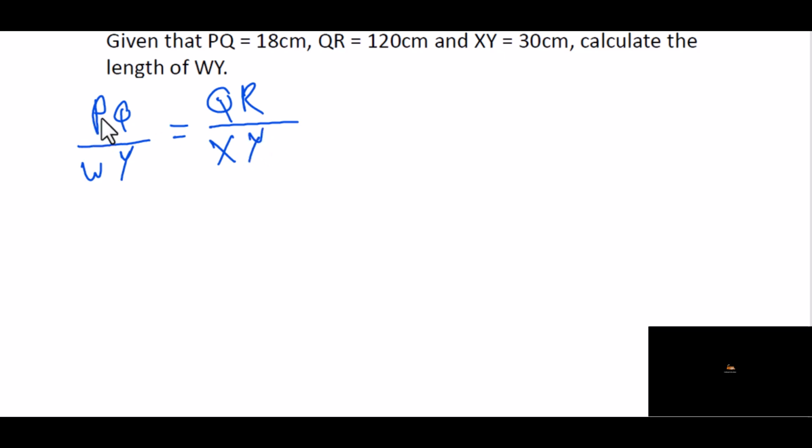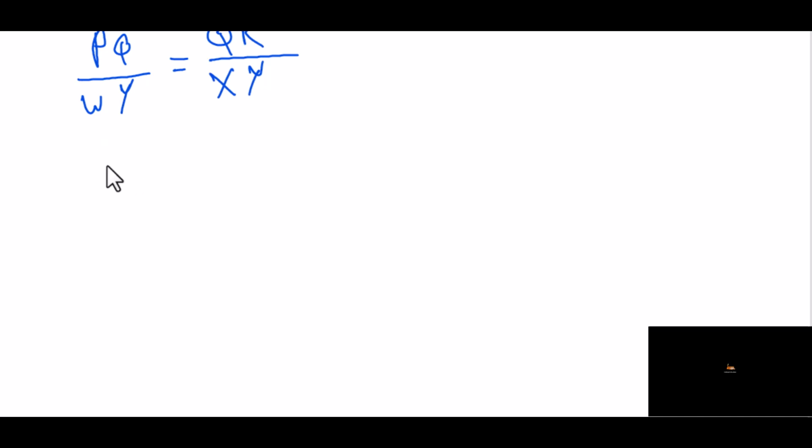So this corresponds with this, corresponds with that. So in this particular case, we're now going to substitute. So PQ is equal to 18. Then QR is equal to 20. Then XY is equal to 30.